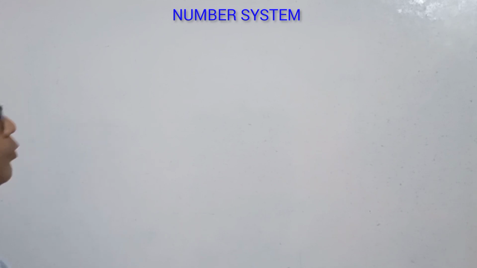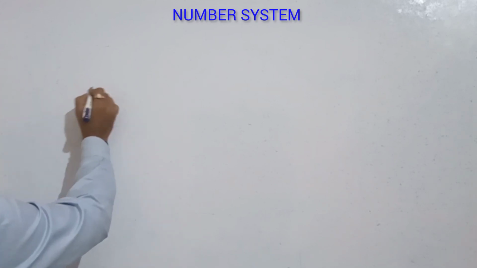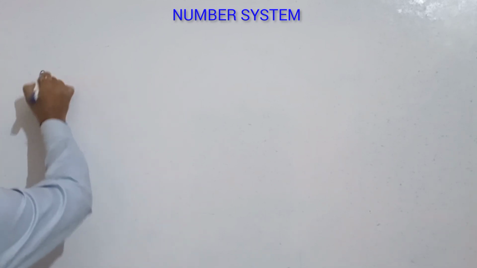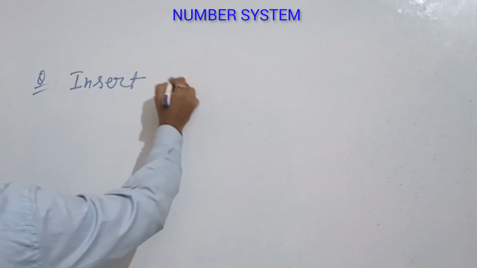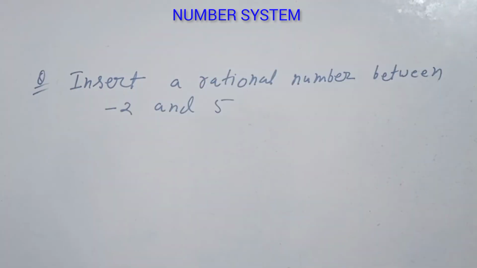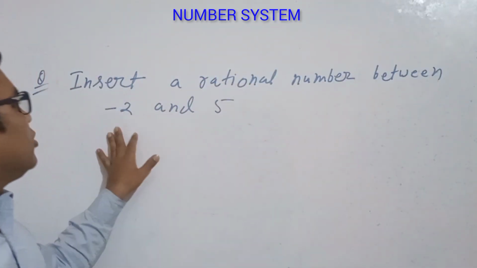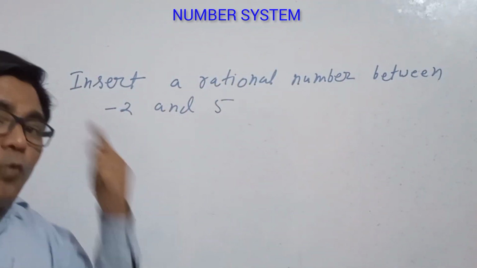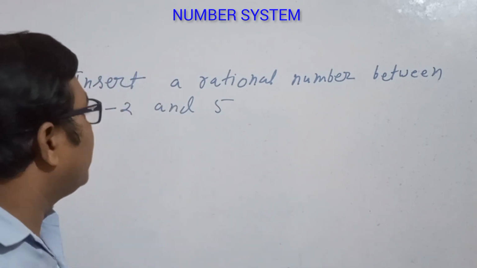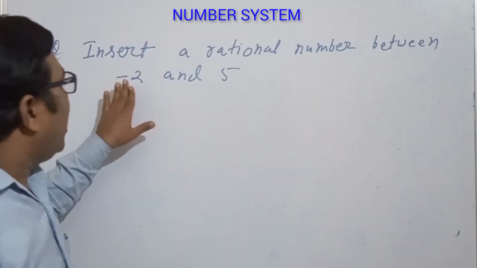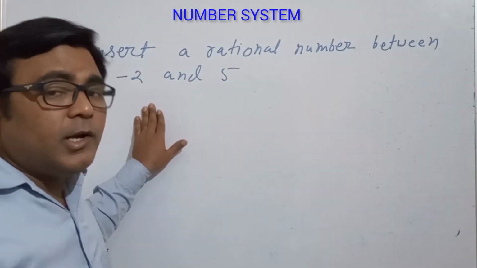Suppose we have to insert a rational number between -2 and 5. How can we insert one single rational number between two rational numbers? To insert a single rational number between two rational numbers, add these two rational numbers and divide by 2.